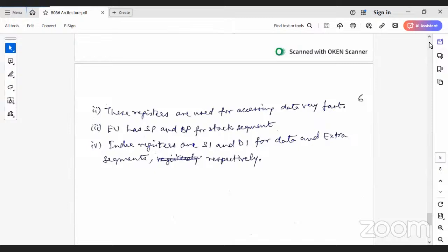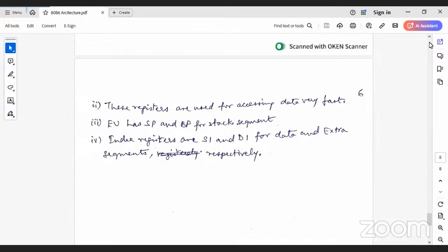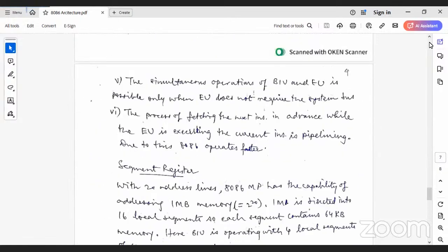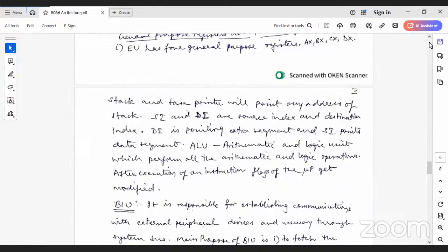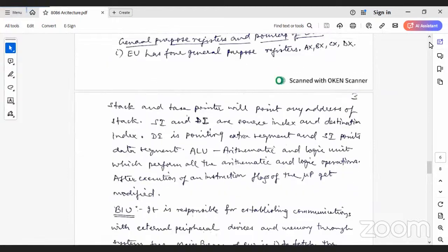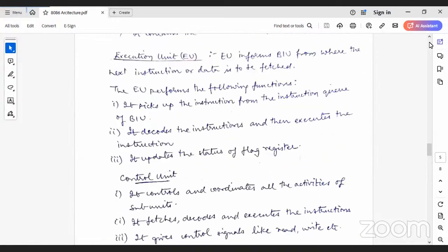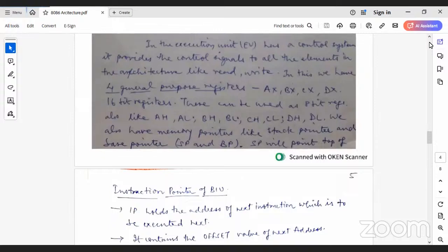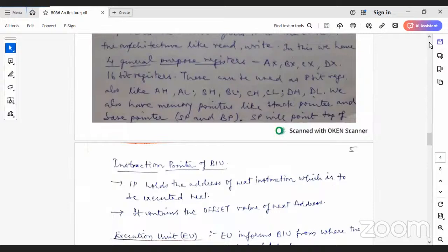Now apart from your segment register, in your block diagram you also have the instruction pointer. What does the instruction pointer do?